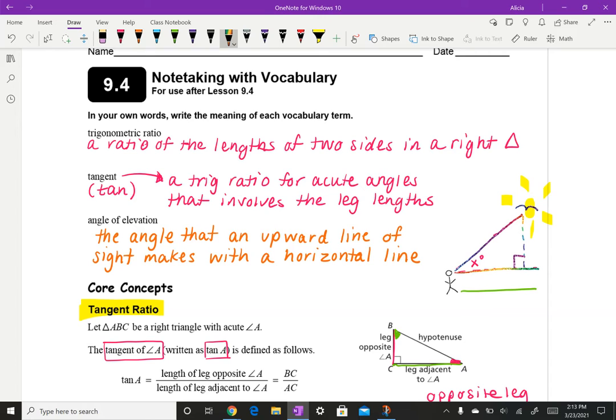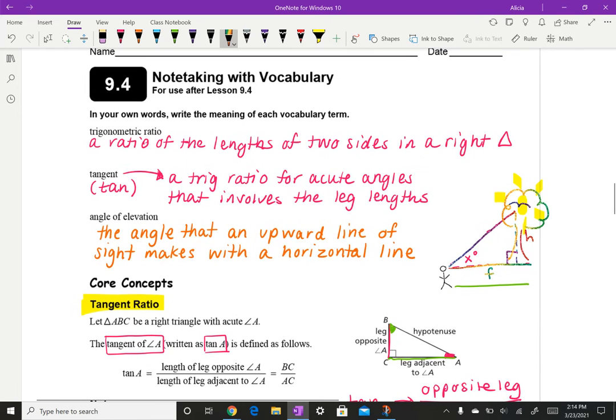We can use trigonometry to find this height. And assuming this was a tree, we could also figure out how far they are from the tree. So there are different things we can solve, and we would use trig ratios to do it.